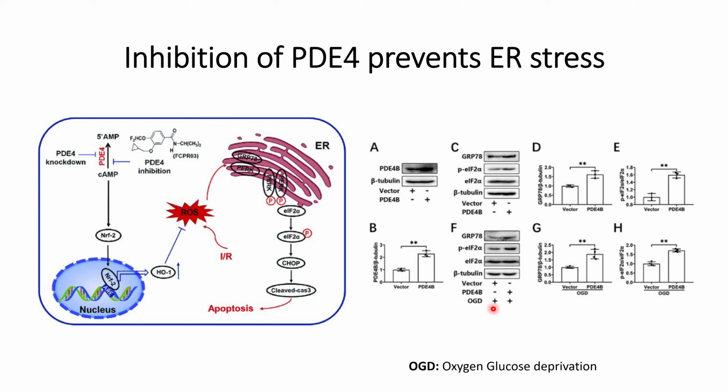That is in the normal condition, when there is upregulation of PDE4. Next, they introduced the oxygen glucose deprivation condition for 3 hours and then did the experiment again. They found in the western blot a change in phosphorylated EIF2 alpha and also in GRP78.